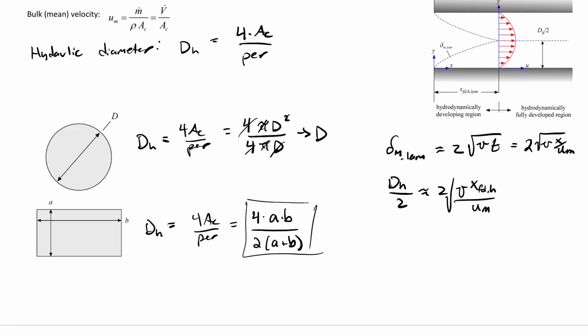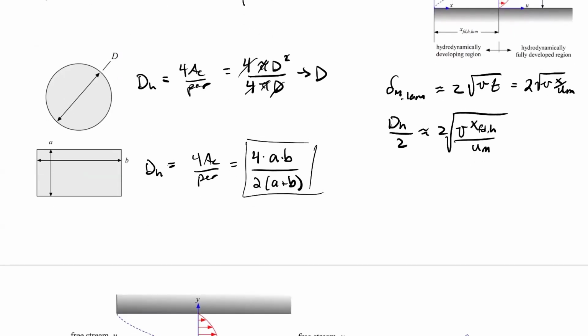So it's the square root of all this stuff. Okay, we can just solve this now for x_FD, and we end up with x_FD,h divided by D_H equal to 1/16 times rho times the mean velocity times D_H divided by mu. We brought in our definition of nu being mu over rho.